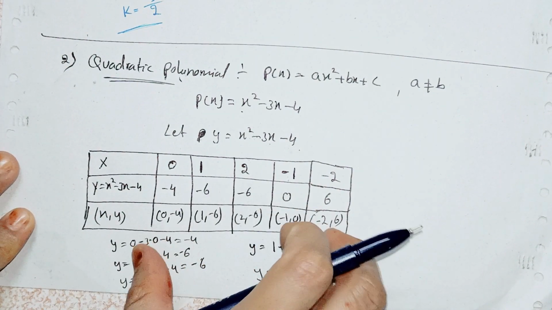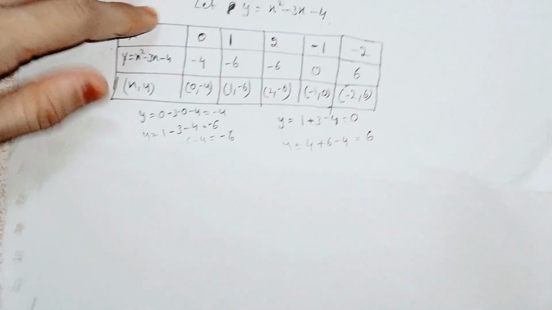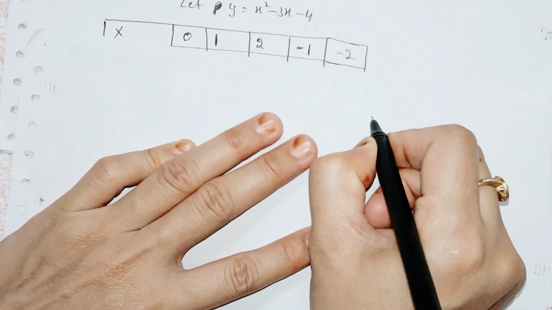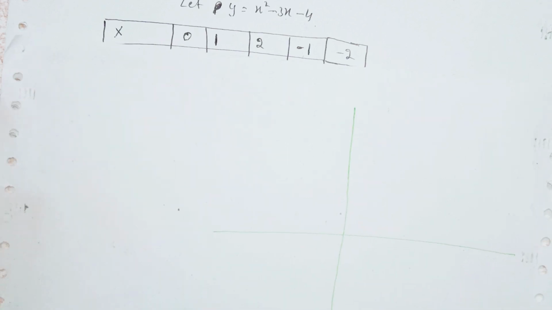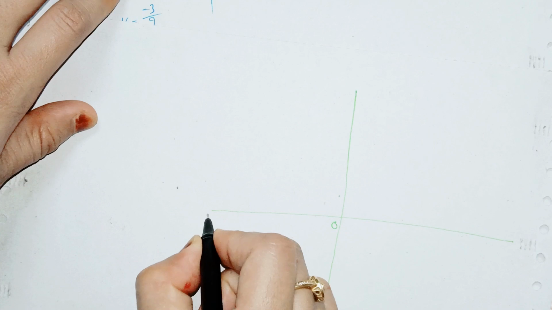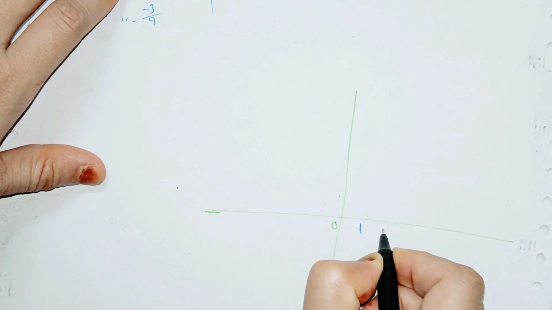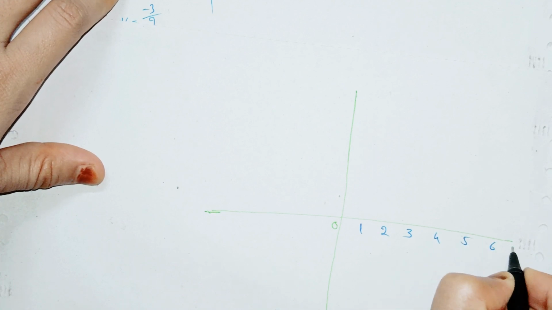Now we'll try to draw this in the graph. Let me take a paper. Okay, the graph will be like this. So this is 0, 1, 2, 3, 4, 5, 6, 7.